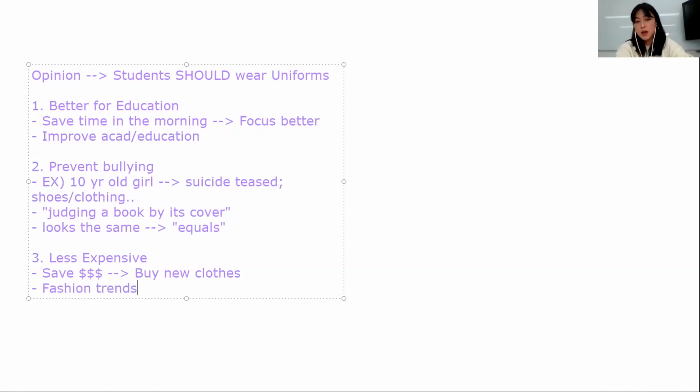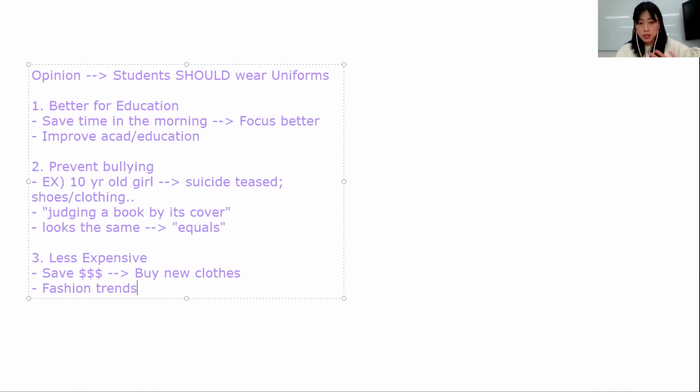So basically, her point here is that every season or every month, there are new clothes that people want to wear or that people think are really cool and that they need to buy. And if everyone's wearing uniforms at school, it doesn't matter what they buy or what they need to catch up with because everyone's going to be wearing the same clothes to school every single day.